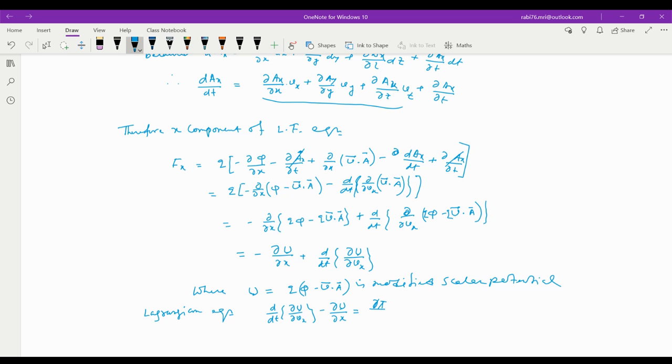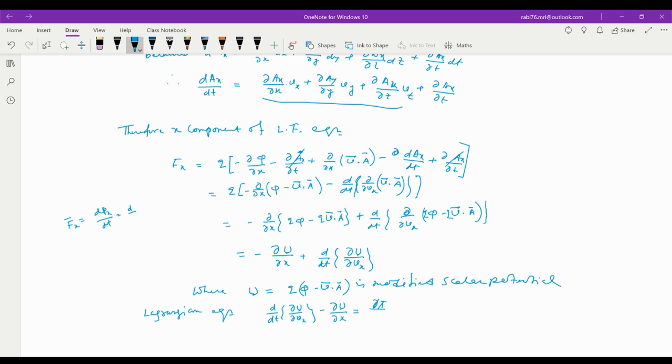I'm sorry, fx is the x component of force, and force can be written as Fx equal to dpx by dt.